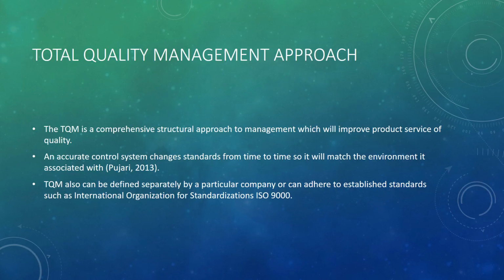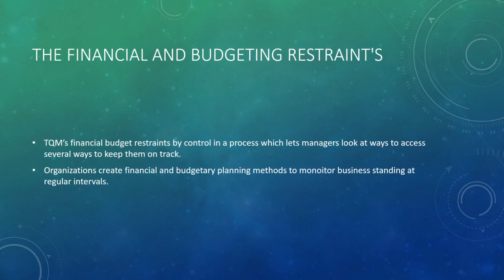TQM can also be defined separately by particular companies and can adhere to established standards such as the International Organization for Standardization, ISO 9000, which was established industry-wide so that companies have a full measure of guidelines that they can go by and structure their company. The financial and budgeting restraints are also a part of TQM.